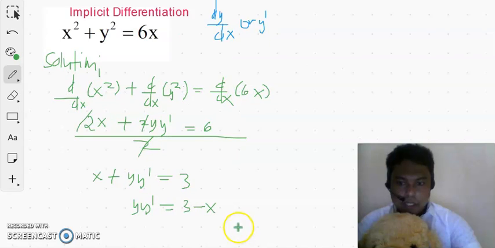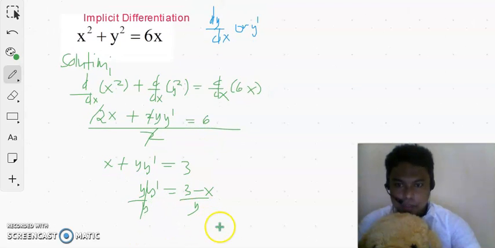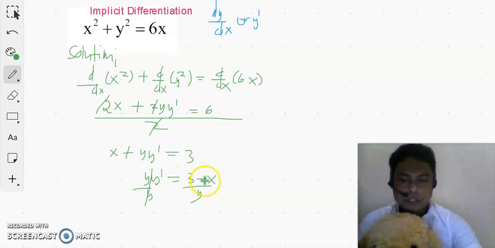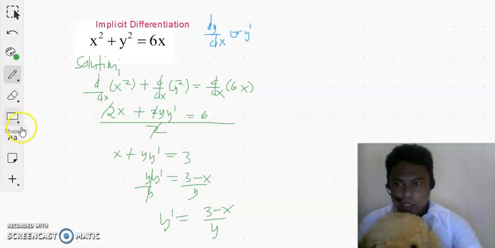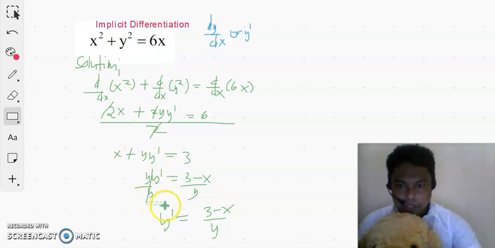And then divide both sides by y. This is y, and then cancel. Therefore, the answer is y prime is equal to (3 minus x) over y. So therefore, this is our final answer.